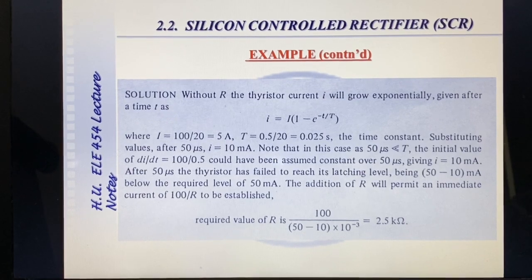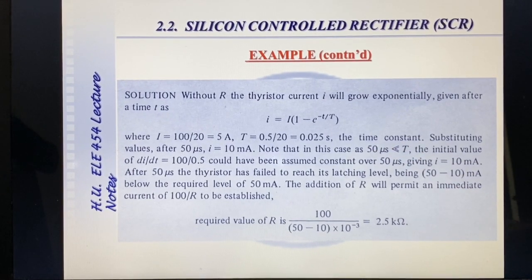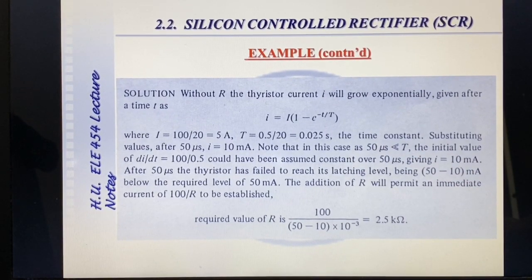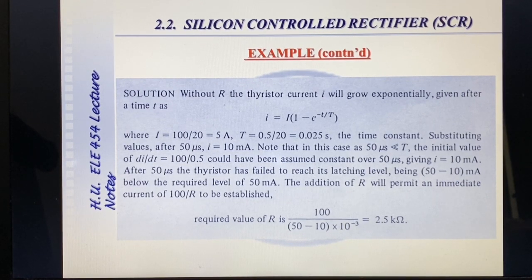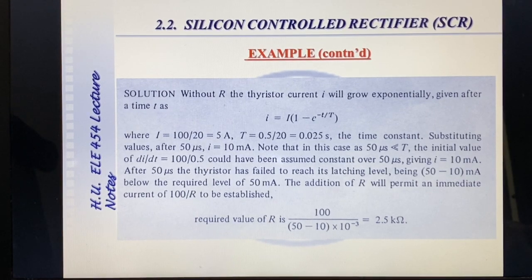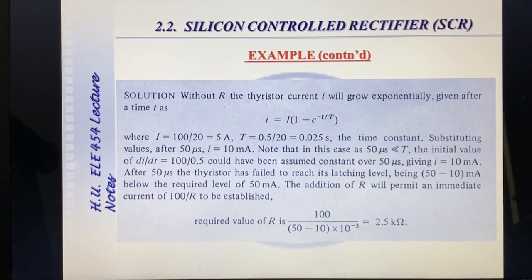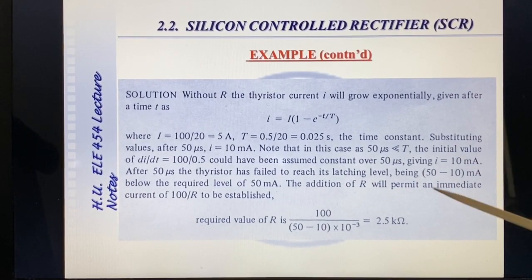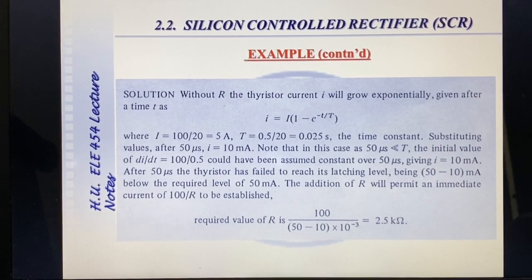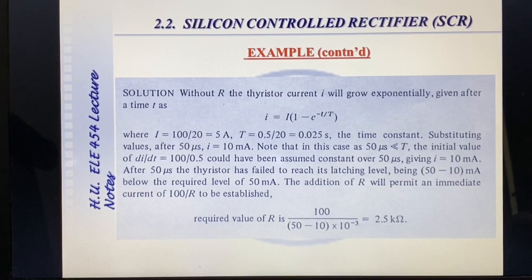In that case, 50 microseconds is much less than the time constant of the load, and the initial value of di/dt is 100 over 0.5, giving 10 milliamperes. After 50 microseconds, the thyristor has failed to reach the latching level of 50 milliamps, and it remains a 40 milliamp gap between the actual current and the desired one.